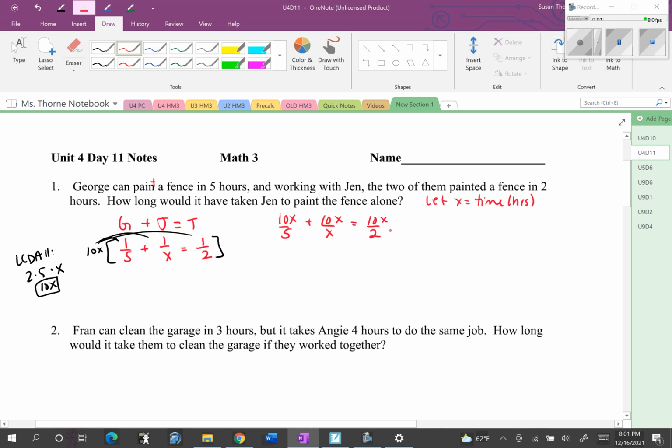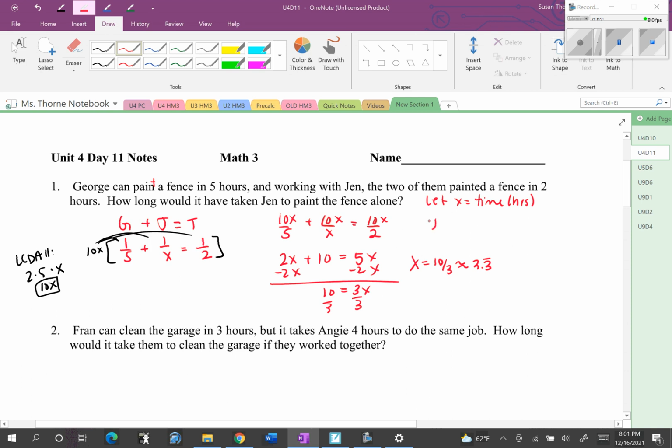And when we solve, we get 2x plus 10 is equal to 5x. Subtract the 2x. And so divide by 3. So x equals 10/3, which is about 3.3.